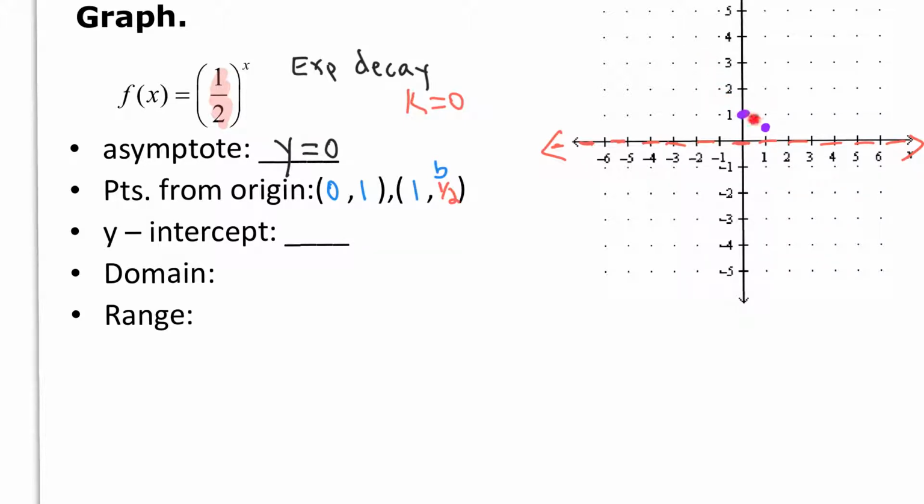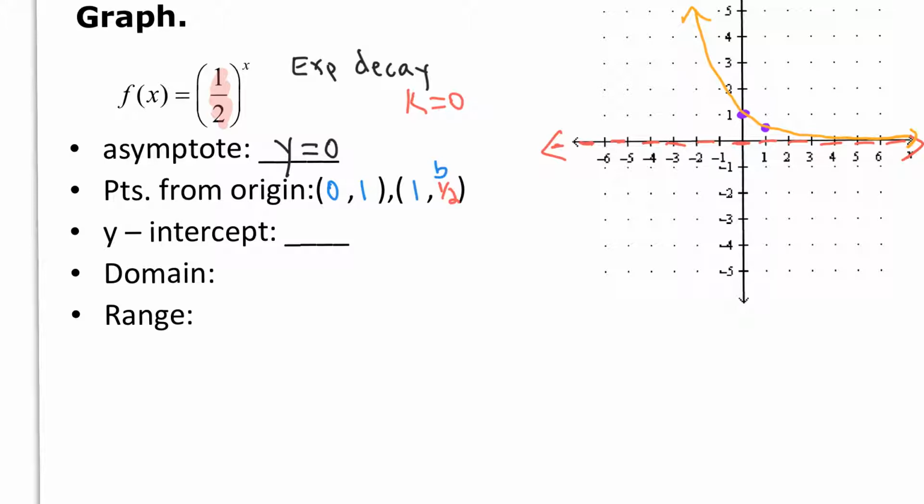You connect the points, and you get closer and closer and closer to the asymptote, but you will never touch. So I'm just going to start from here. You guys go down, and notice I'm trying not to touch the asymptote. So we have the graph. Exponential decay because it goes down.